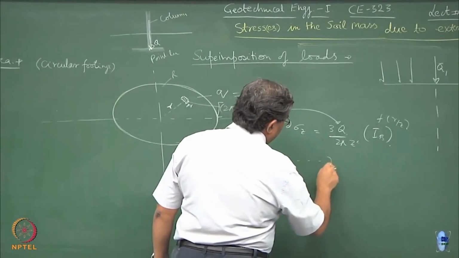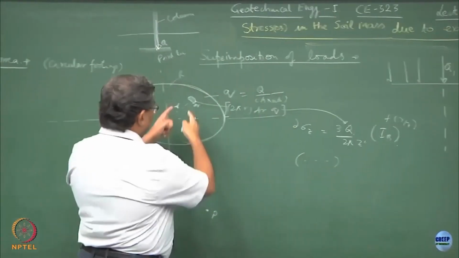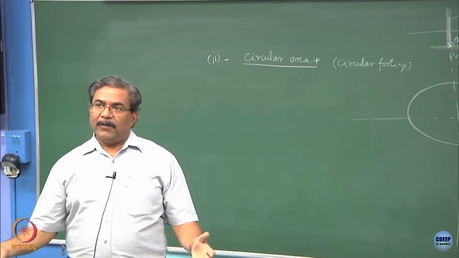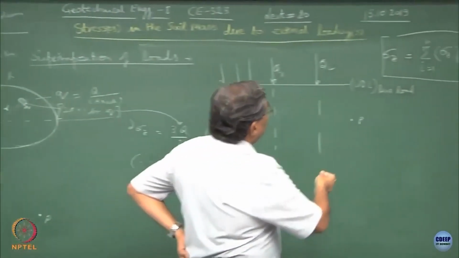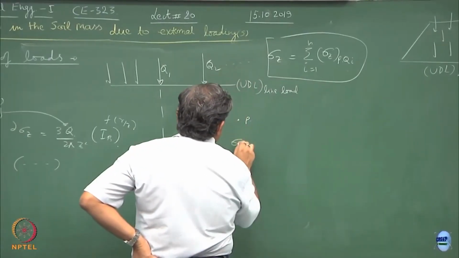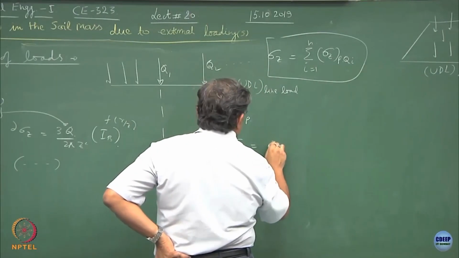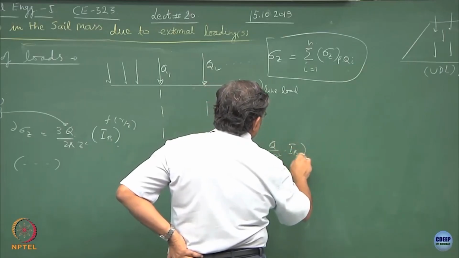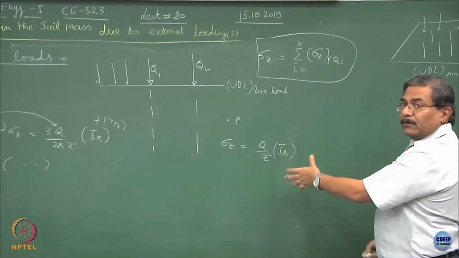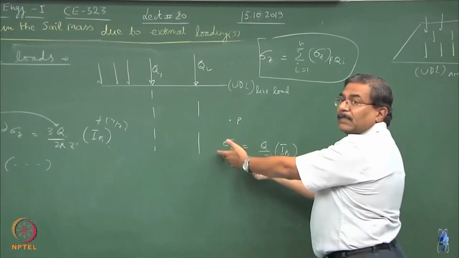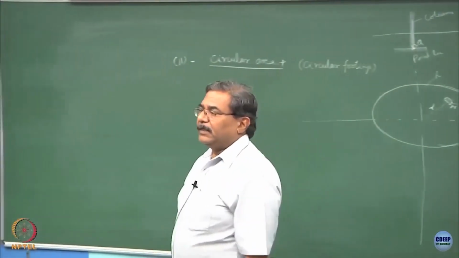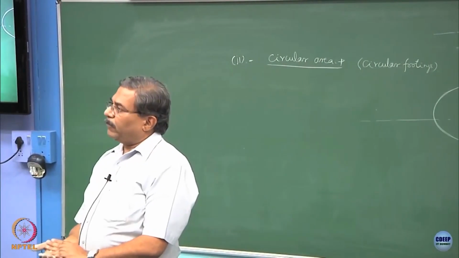So, I can get the expressions for the sigma z due to the circular loading. Is this part clear? I hope you will realize the way we assumed IB over here in case of point loading. If you remember what we did, we simply said sigma z equal to q upon z square into IB. Okay. So, this term you can form a table, and that table you can always refer to for different r by z, and you get the values of sigma z. The same thing you can do over here also. Conceptually things are the same. Fine.